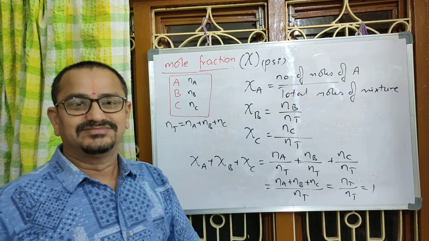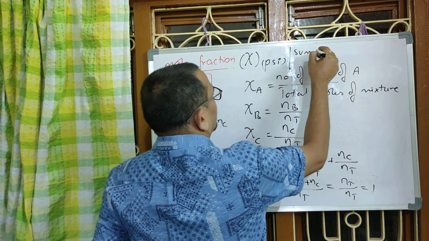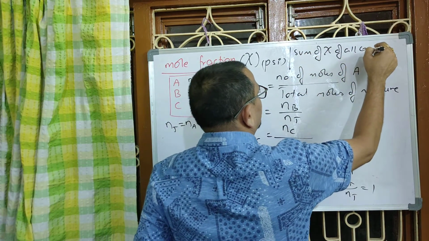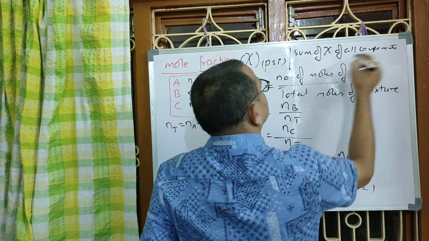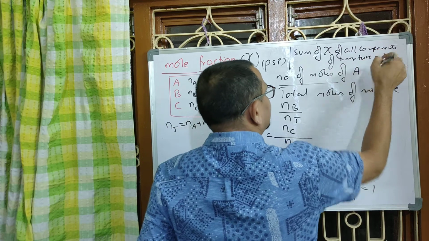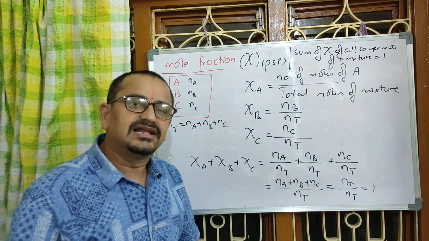So, what's the other point we noticed? The sum of mole fractions of all components of a mixture is always equal to 1, right? That is useful in the calculation actually.